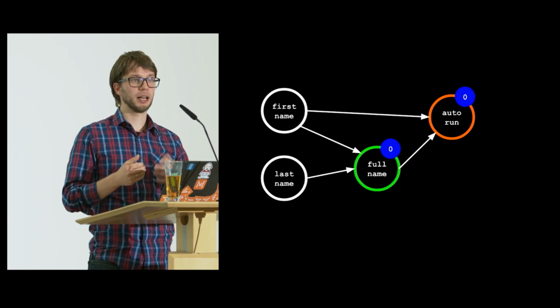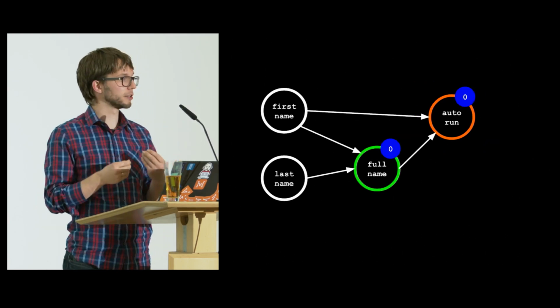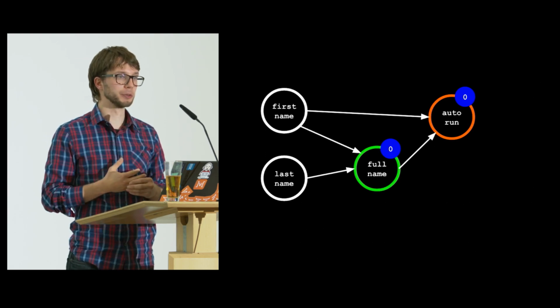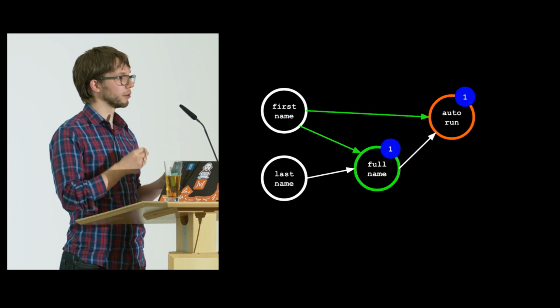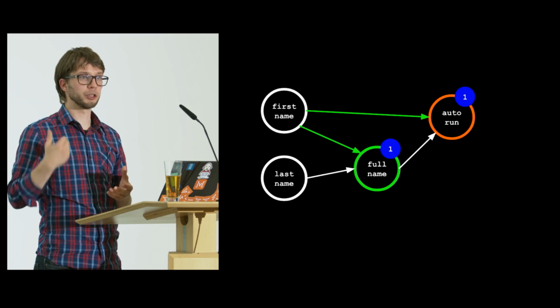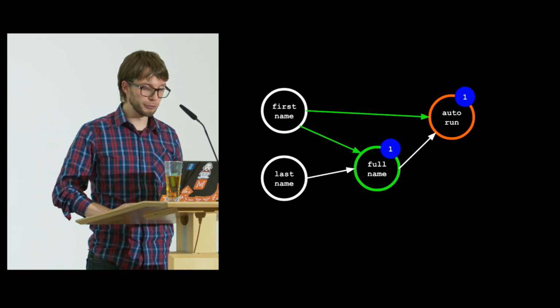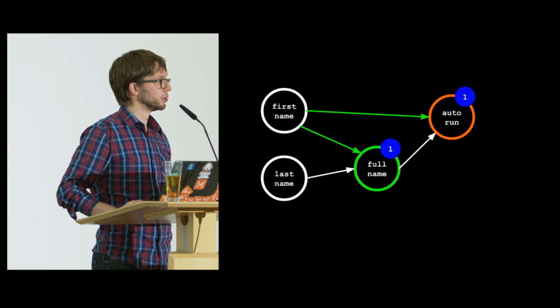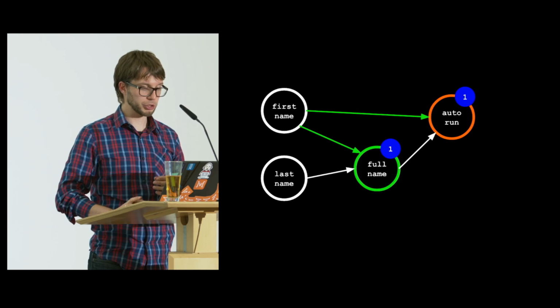So how MobX solves that is very simple. It gives each thunk a dirty value. And once an observable changes, it doesn't run the observers, but it just says, hey, you're dirty. So full name and autorun get a dirty value of 1. But that is a recursive process.